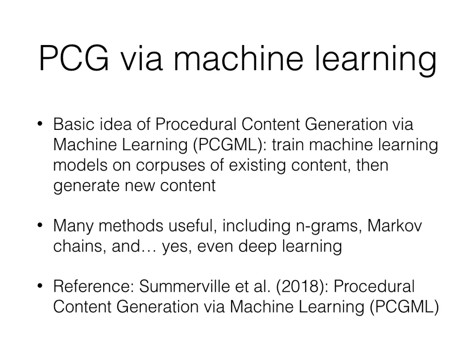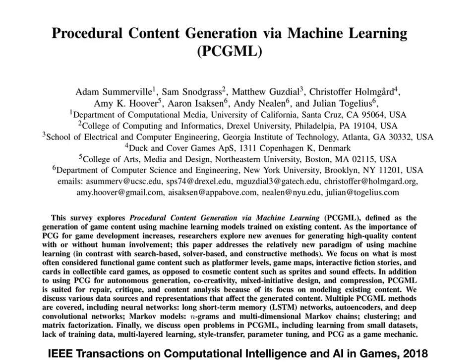We wrote a survey paper on this, which came out last year in what was then IEEE Transactions on Computational Intelligence and AI in Games, which is now IEEE Transactions on Games. We had discovered that several of us had started working in this direction independently and had done various work on trying to train very different types of machine learning methods on game content and make them spit out new content.